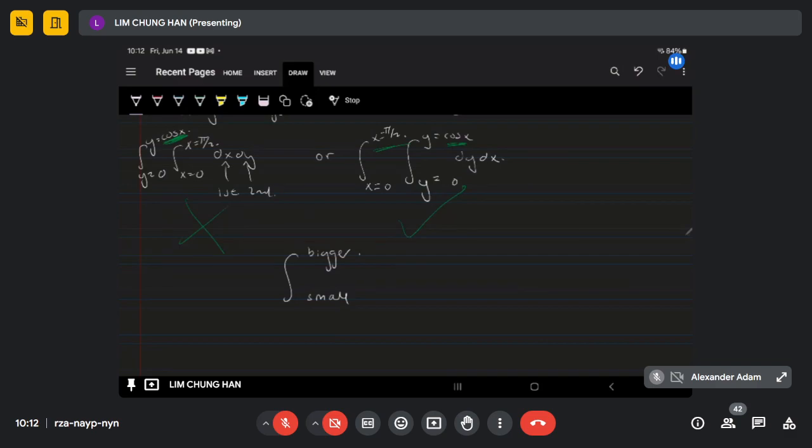Okay, that's how you do your limits. Now, for x it's straightforward lah. 0 is smaller.